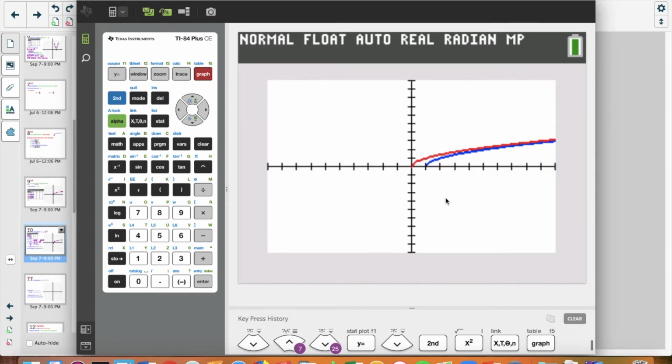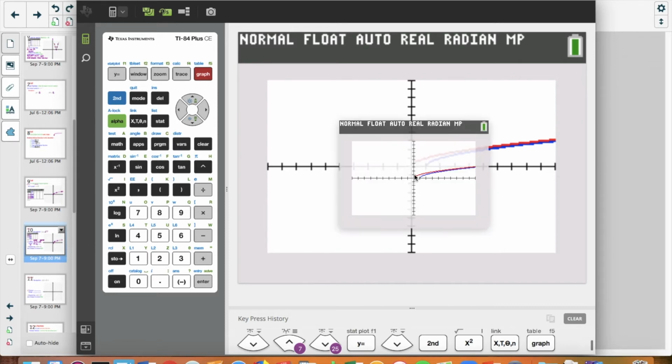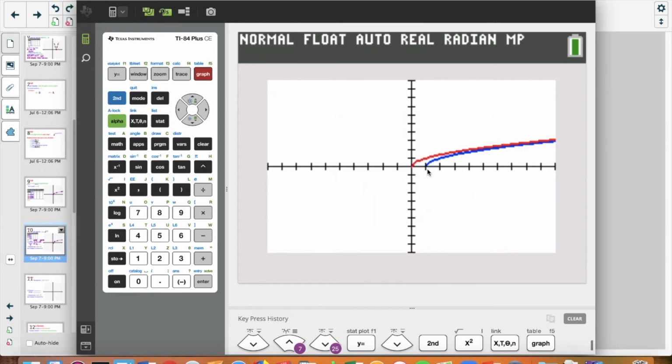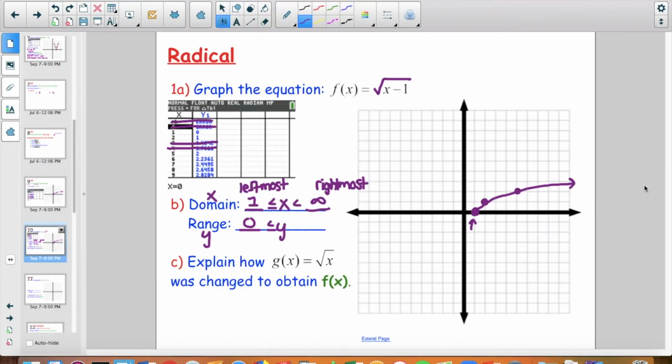So to get from the red to the blue, it looks like we had to go over 1 point to the right. So to get from here to here, we shifted 1 to the right. So that's what we're going to write here. Shift 1 unit right.